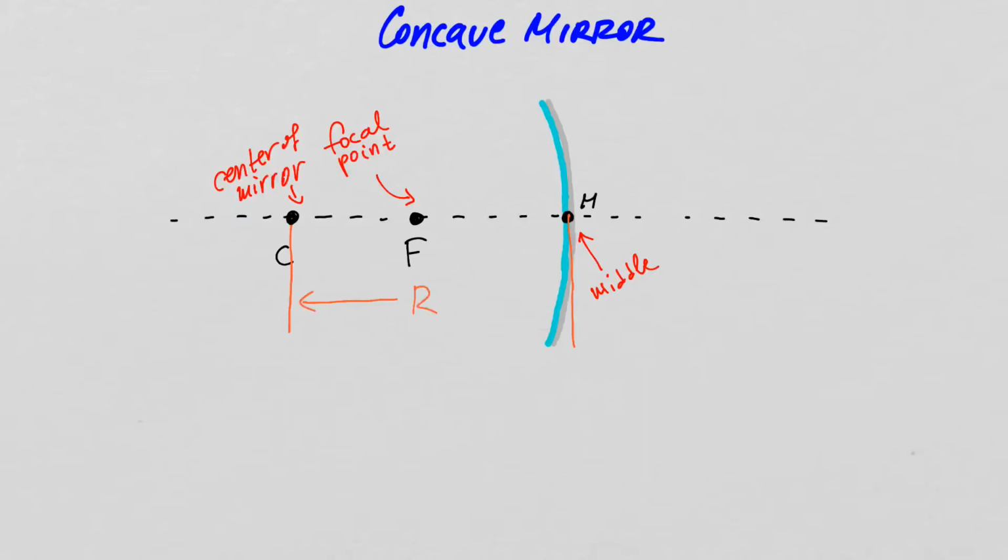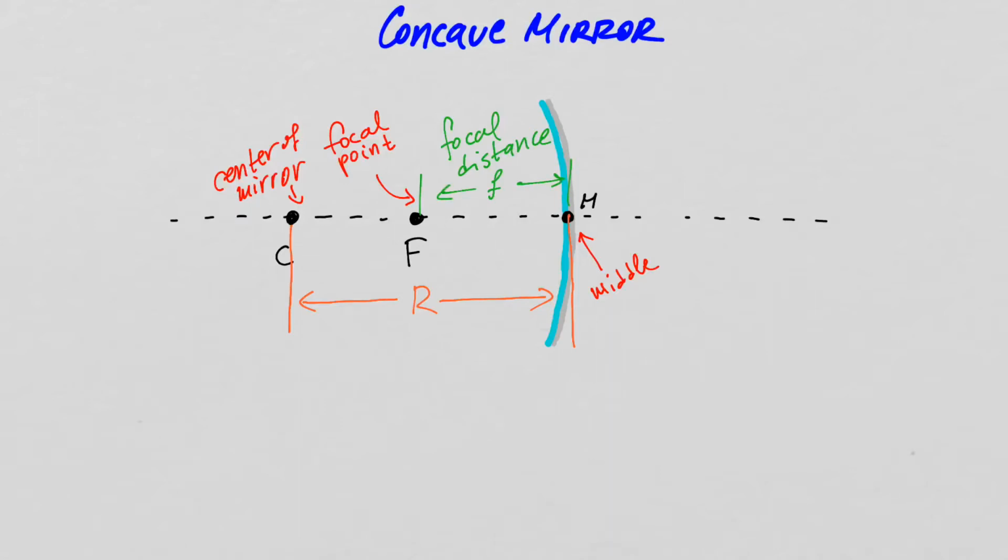Let's call it R. The distance from the focal point F to the middle of the mirror, this distance, is called the focal distance. And we label that with F.